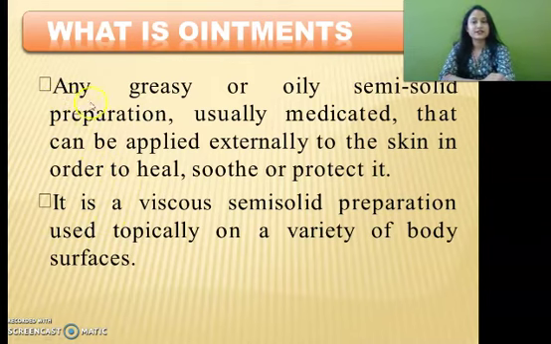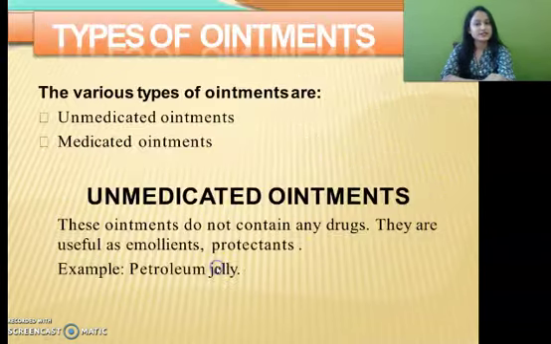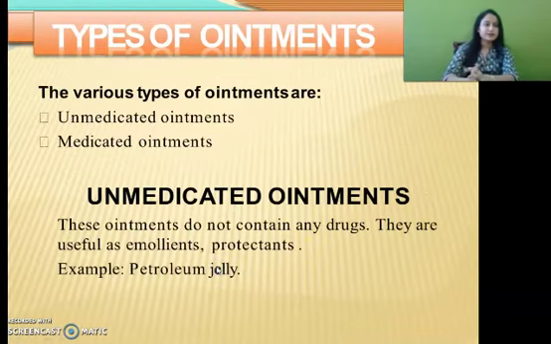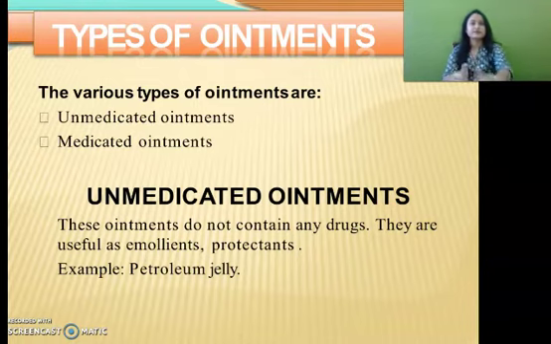The basic definition is that ointment is any greasy or oily semi-solid preparation, usually medicated, that can be applied externally to the skin in order to heal, soothe or protect it. It is a viscous semi-solid preparation used topically on a variety of body surfaces, that means on various body parts.